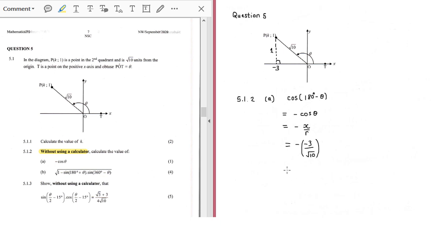I need my brackets there. So this is then basically equal to 3 square root 10, or you can rationalize this and write it as 3 root 10 over 10.